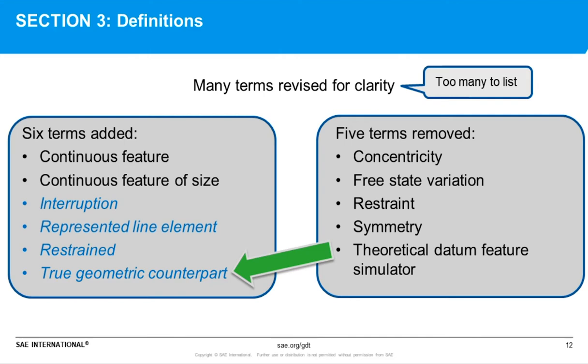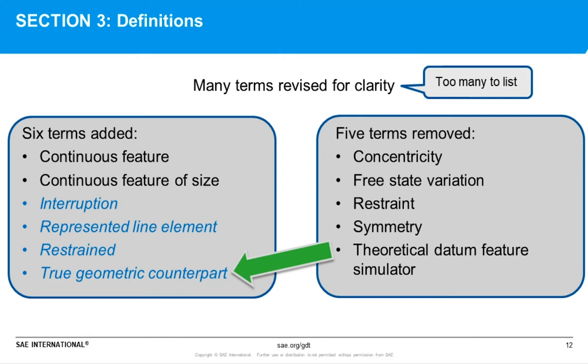So the new Section 3, which is the old 1.3 in 2009, is where you'll find all the definitions, and as we state there, there's many terms that have been revised for clarity. In other words, they're grammatical changes to improve the understanding of the definition without being a technical change, and there's too many to list there, as we say.